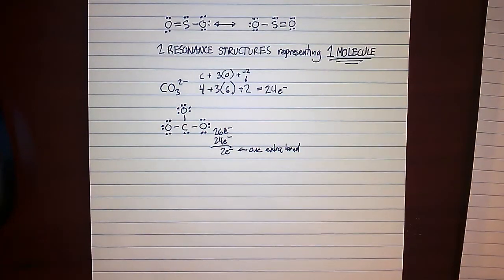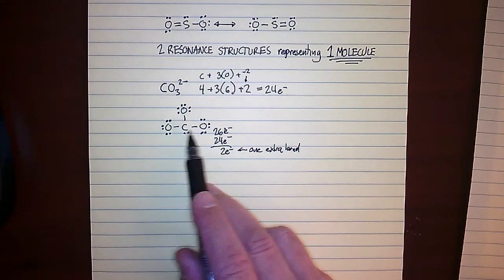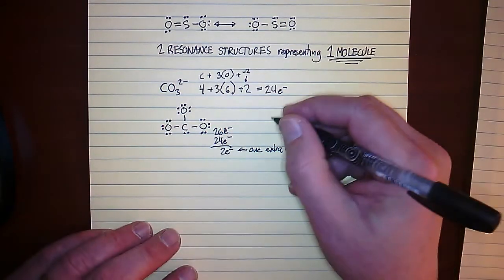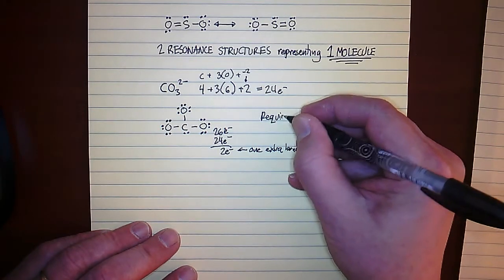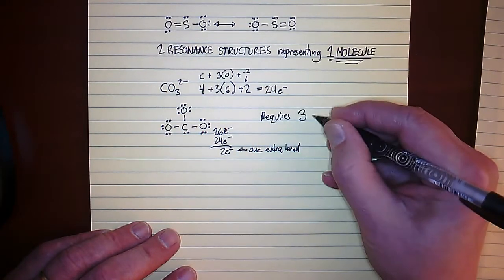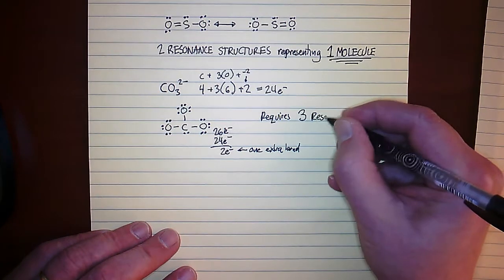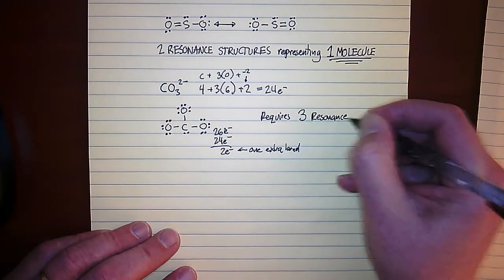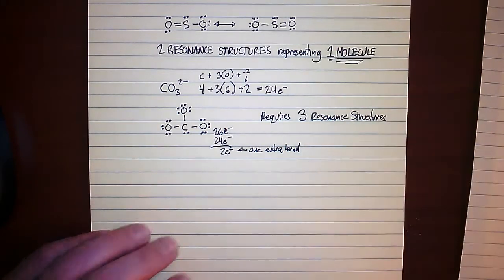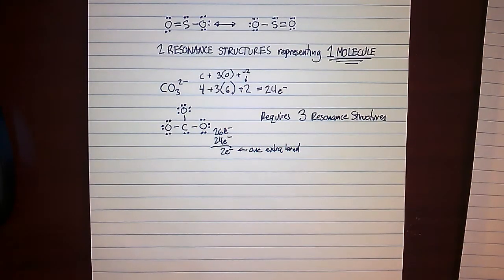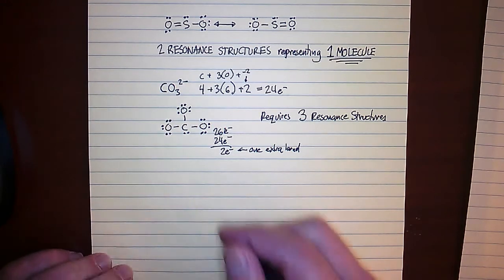Well, we now have 3 equivalent places. And so we're going to require 3 resonance structures. And you'll simply draw the bond in all 3 places.